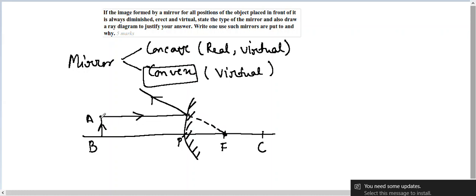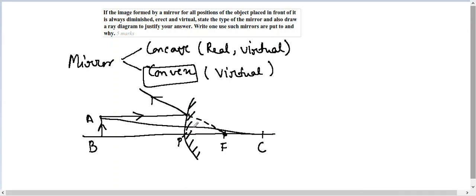The next ray, we can assume that the ray that is passing to the center of curvature is going to fall undeviated. So here we can say that these two rays are meeting at this point, A dash and B dash.